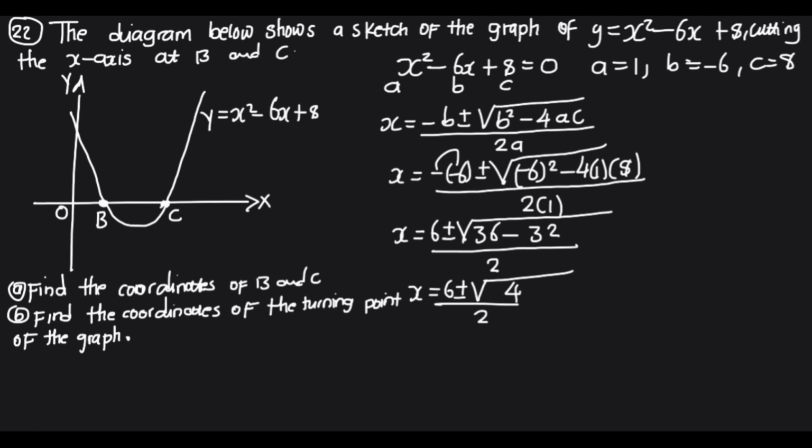Then we can now find the square root. So the square root of 4 is plus or minus 2, over 2. Then upon reaching here, we need to separate these into two equations. One will have a positive and the other one will have a negative. So we have x is equal to 6 plus 2 over 2.